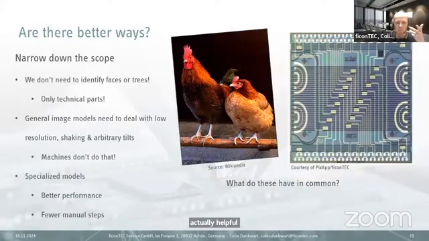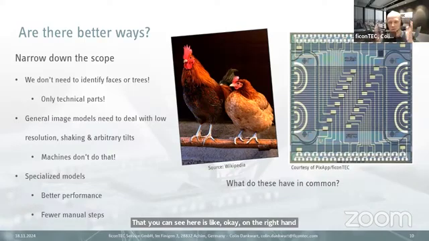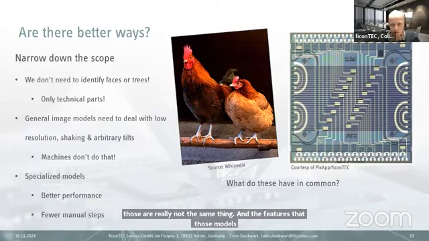So you can see here, on the right-hand side, you have a photonic integrated circuit, which is really a technical part, very precisely manufactured. And the data with which those models have been trained is probably tilted images of chickens. And those are really not the same thing. And the features that those models use may or may not be useful.